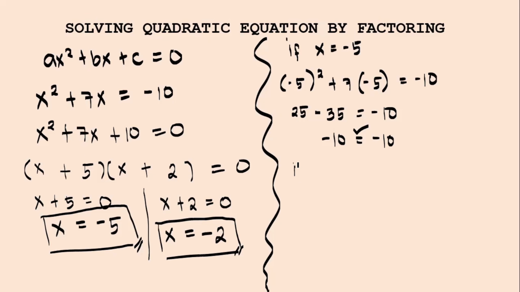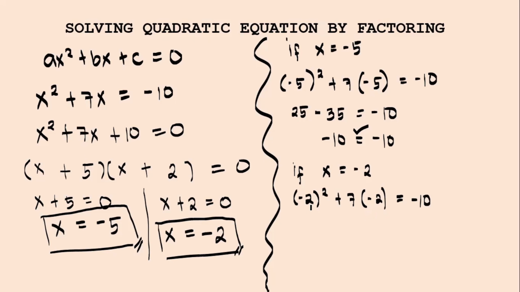How about if x is equal to negative 2? Again, just simply substitute the value of your x sa ating equation. So that is negative 2 squared plus 7 multiplied by negative 2 is equal to negative 10. Okay.